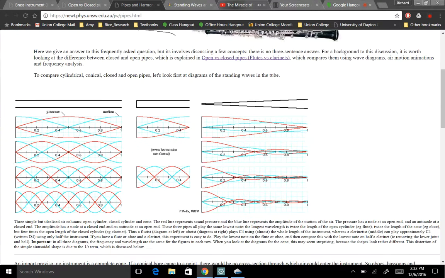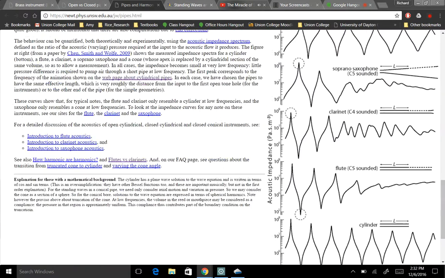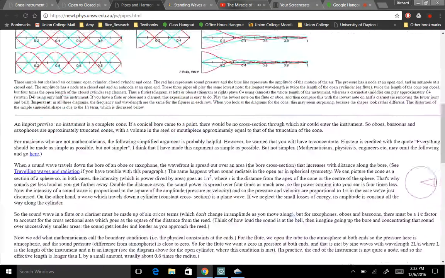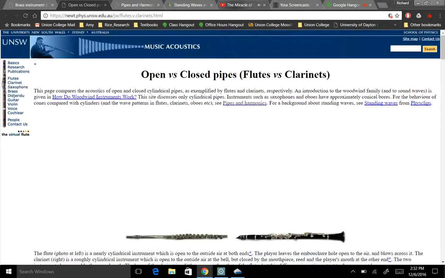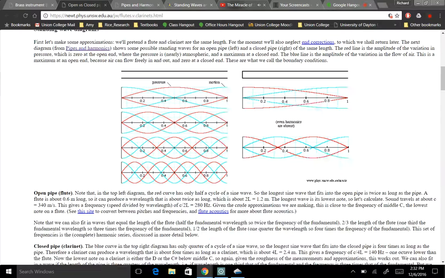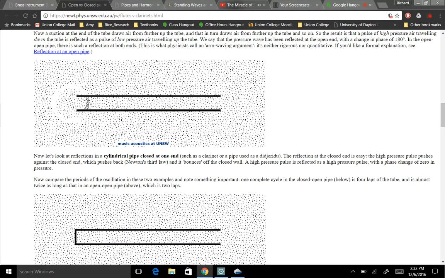So you can read here about the differences that the bore makes for resonance. It's showing standing waves in a flute, in a clarinet, and then in the oboe, and shows some things about what the waveform looks like. If we go to the specific flute versus clarinet, you can see it's showing the pressure wave.